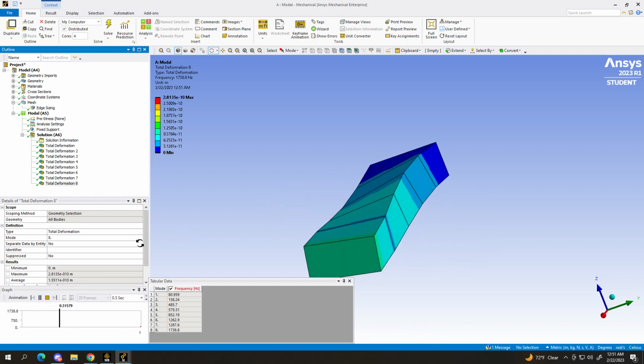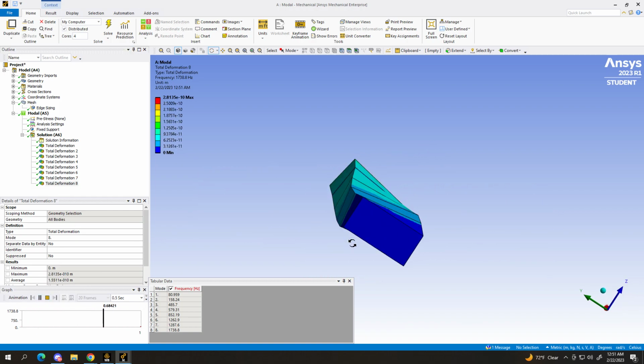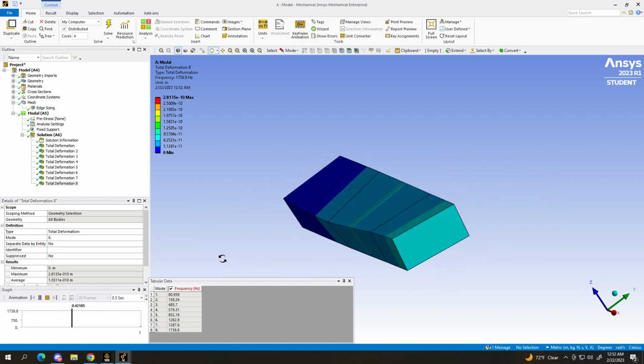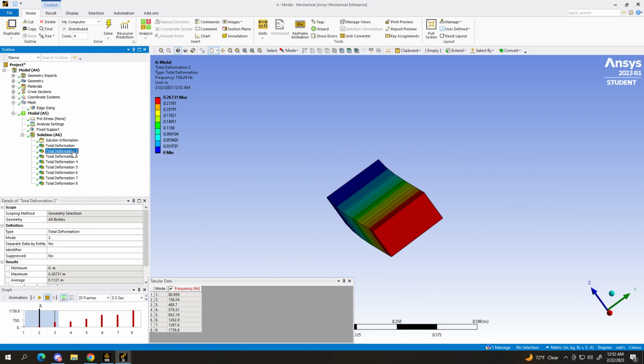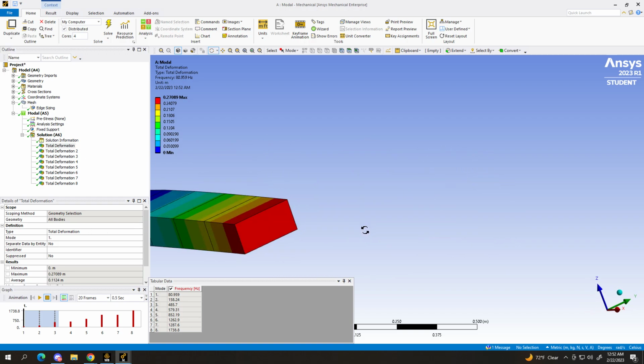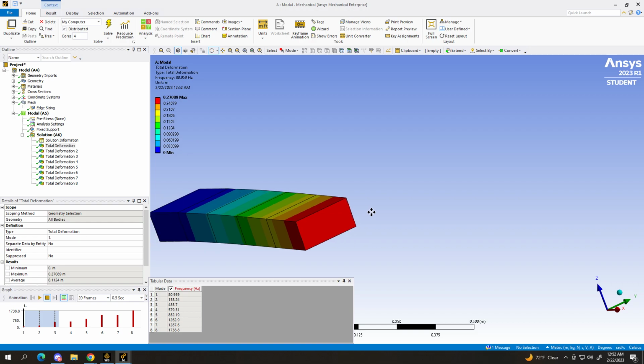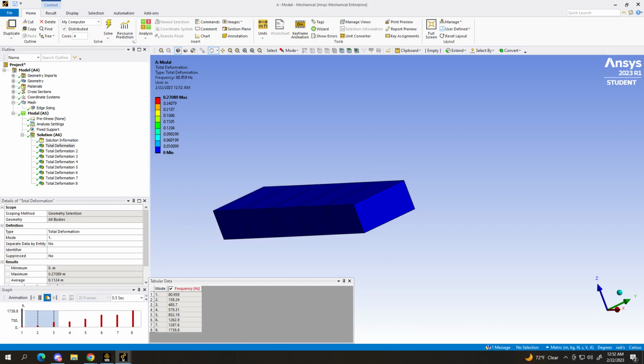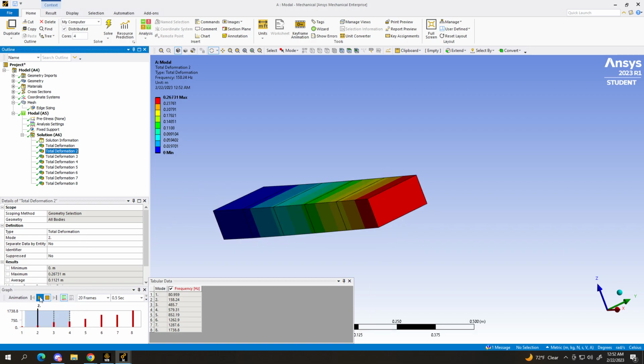And I don't know what this one is either, but anyways, there's just multiple modes that are generated, but these are the ones that are the most important. The up and down mode and the side to side mode. And these generated these frequencies.